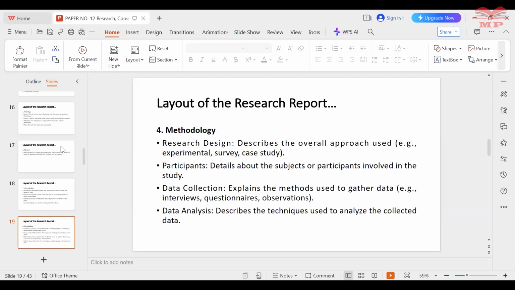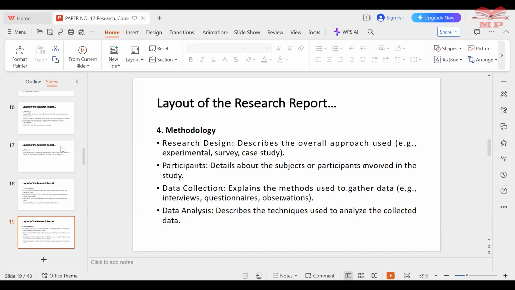Then the fourth part of the layout of the research report is the methodology, number 4. In methodology, the research design is provided, the participants of the study are provided, the data collection is explained, and data analysis is described. The research design describes the overall approach that is used.